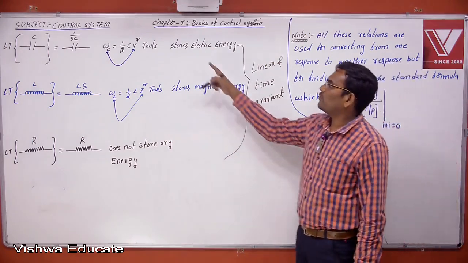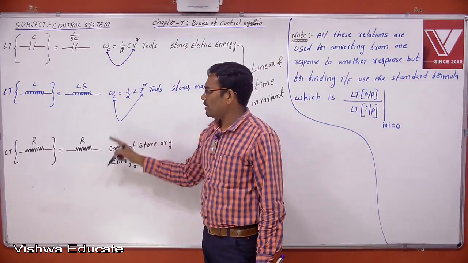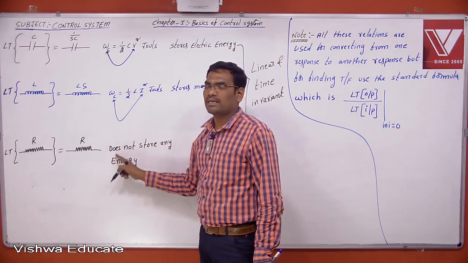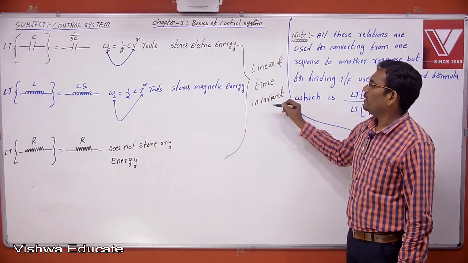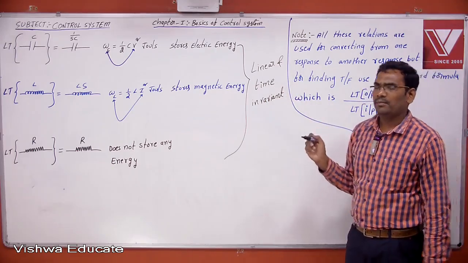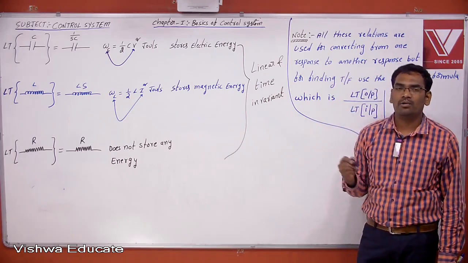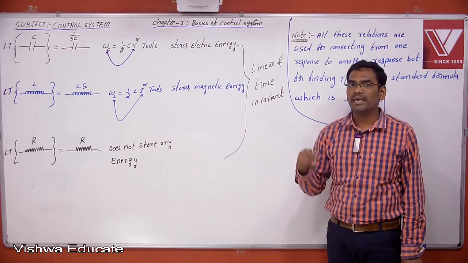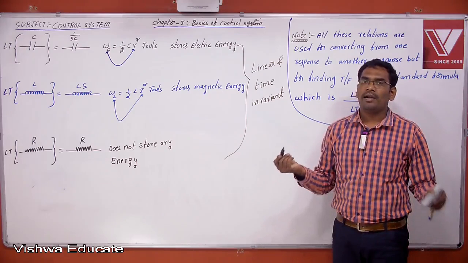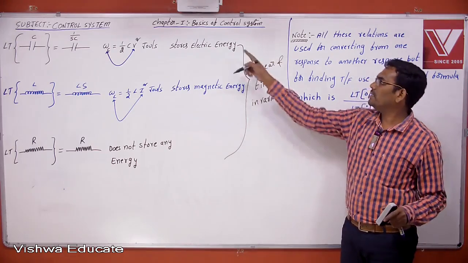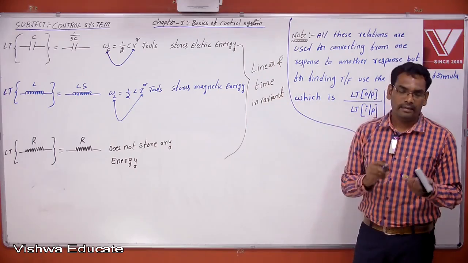Therefore, with respect to flux versus current, charge versus applied voltage, and voltage drop versus current, all these elements are linear and time invariant. Why am I saying this? Because any control system you take, whether it is an open loop or a closed loop control system, has a basic behavior that is the behavior of resistor, inductor, capacitor, or a combination of these three, and these three elements are linear time invariant, right?